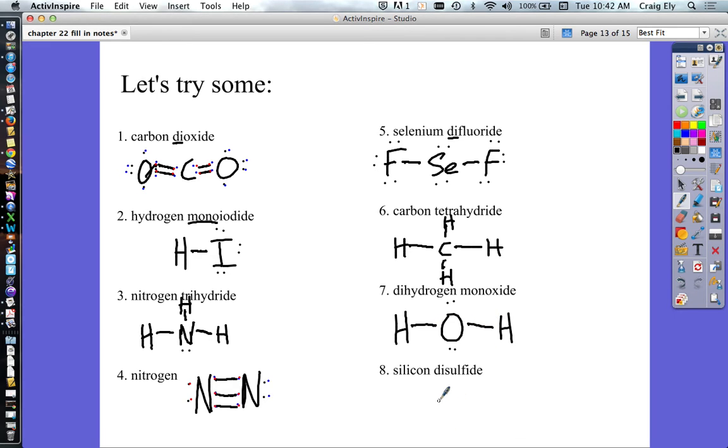Silicon disulfide, silicon is Si, and then disulfide, so I have 2 sulfurs. Okay, so silicon has 4 valence electrons, so that means 1, 2, 3, 4. That means it can make a total of 4 bonds or 2 double bonds. So that means my sulfur, I got 1, 2, it has 6 valence electrons.